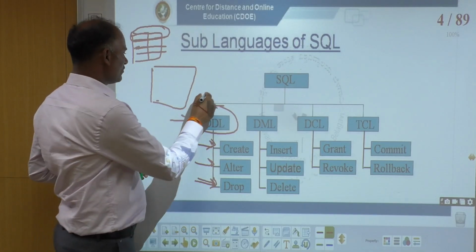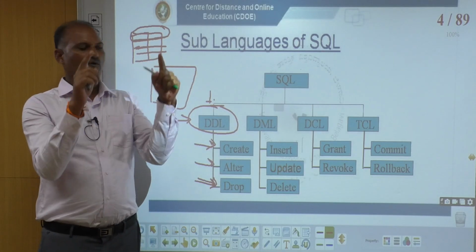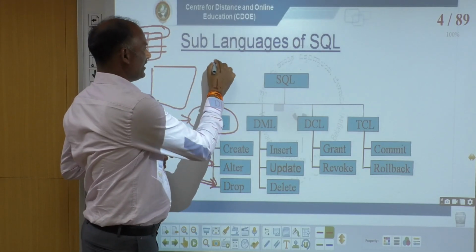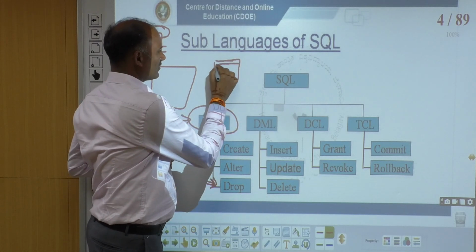Similarly, just keep in mind, DDL just talks about the layout of a table. Layout means only this part.